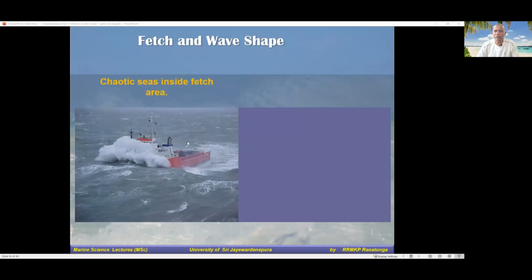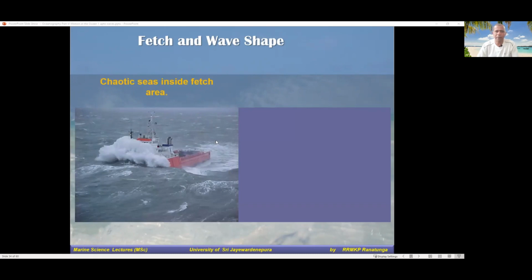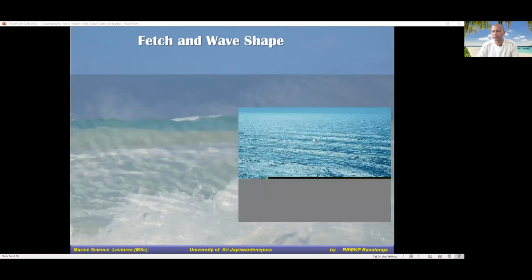Whereas you will experience this kind of stormy condition, with different conditions, right? Calm versus stormy, right? And these are very important, especially if you are an oceanographer and you want to experience the ocean or do some research.